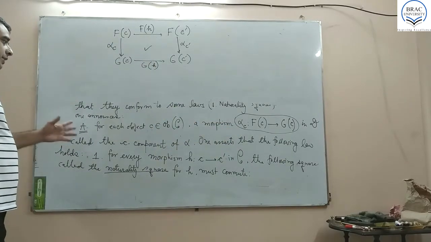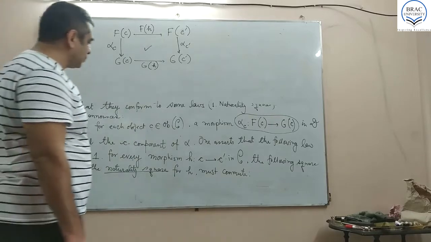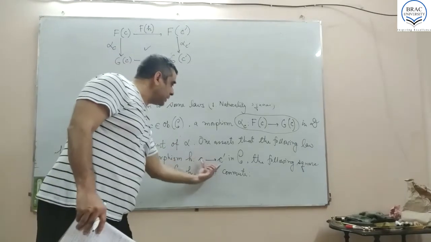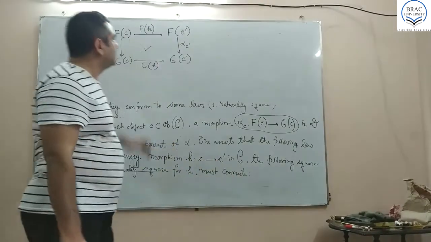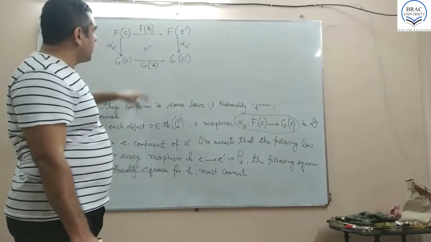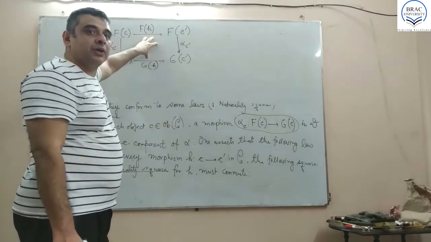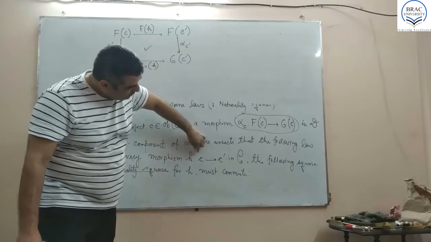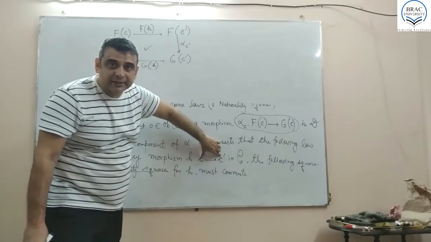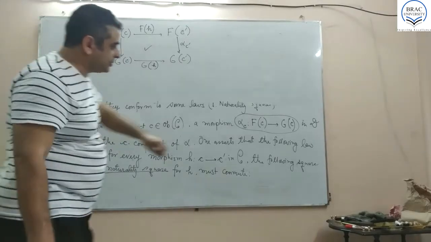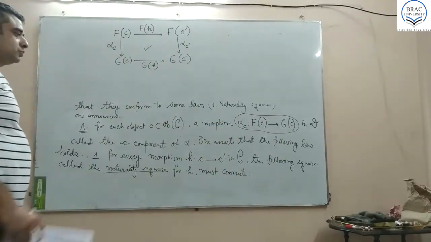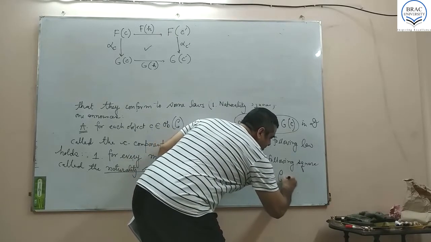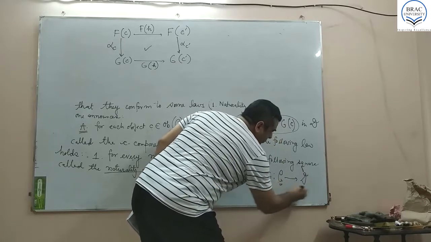And under this definition of constituents, we must have a naturality square for each morphism between any two objects in the category C. Remember that a naturality square always holds for any morphism between any two objects in the domain category. See that F and G are both functors from the category C to the category D. This is called the domain category.